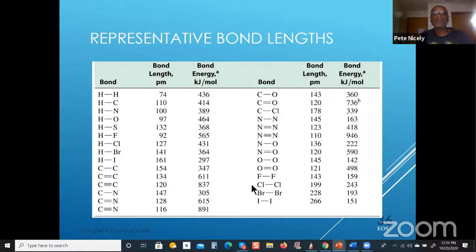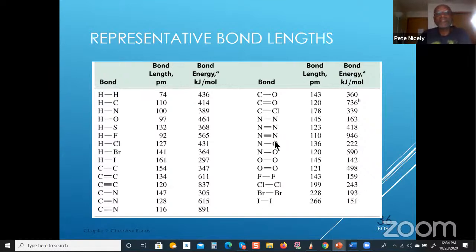We have values for multiple bonds: single bonds, double bonds, triple bonds. For example, the nitrogen to nitrogen single bond, its value is 163. For the nitrogen to nitrogen double bond, its value is 418. And for the triple bond, it's 946, right? I think we talked about this before, but just in case, let me say it again.